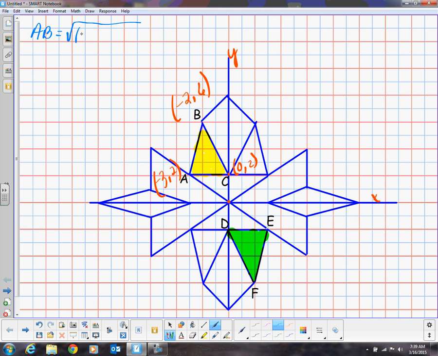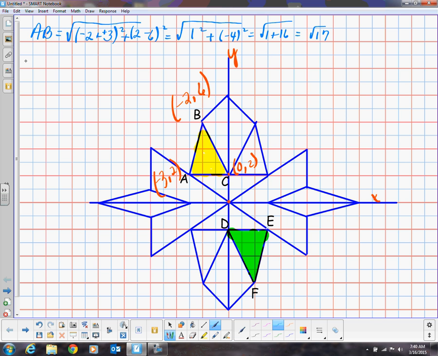So AB is going to be the square root of negative 2 minus negative 3 quantity squared plus 2 minus 6 squared, which is 1 squared plus negative 4 squared, which is the square root of 1 plus 16, which is the square root of 17.